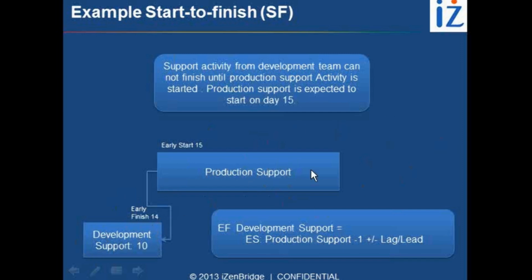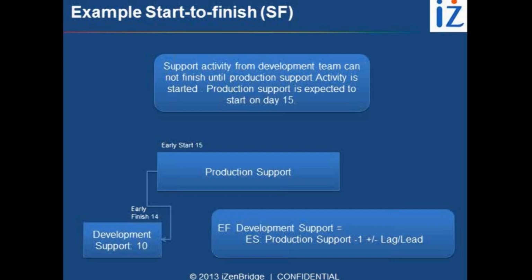It looks very simple, like finishing of development is starting the production support. You can look at it as a finish to start relationship, but the relationship is reverse. In a timeline, it may look like on day 14 development is finishing and on day 15 production support is starting, but the rule is reverse. Development cannot finish till the time production support starts.